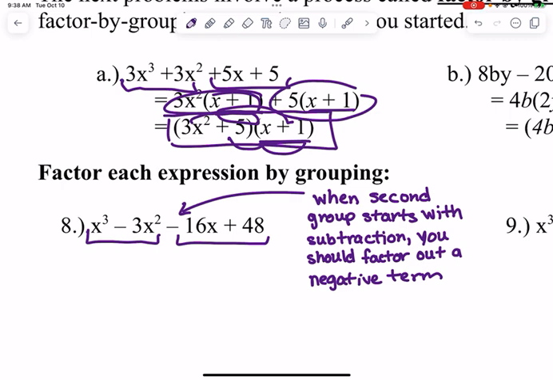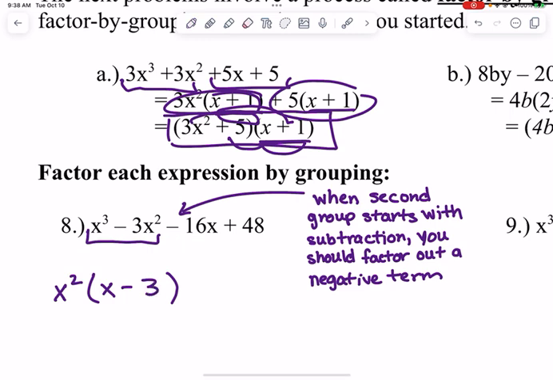But from x cubed and x squared, you can factor out x squared, the lowest power that one of them has, because you can't pull out 3 because they both don't have 3 to offer. When you pull out that common term, you're just dividing. So when we divide, we subtract exponents. x cubed divided by x squared leaves you with 1x, minus 3x squared divided by x squared leaves you with 3.